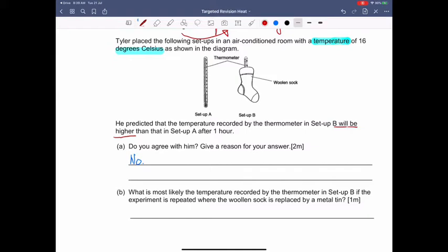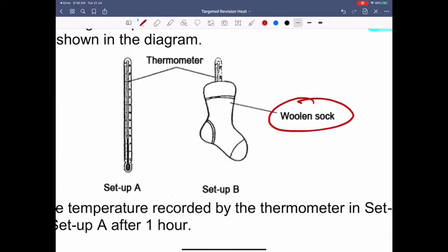However, the only difference is that your woolen socks is present, but your woolen socks is not giving off any heat. So its temperature cannot be higher than the thermometer. Because the woolen sock is not giving off any heat, there is no heat to be transferred from your woolen socks to your thermometer.